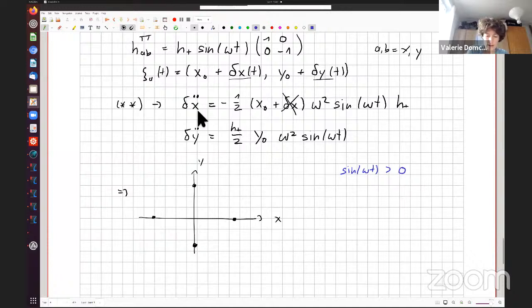Then we see that the sign for the y direction is opposite with respect to the sign for the x direction, which means you can have, for example, a motion. Am I drawing this in the right way now?